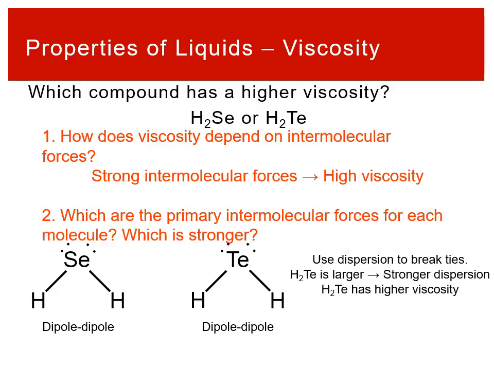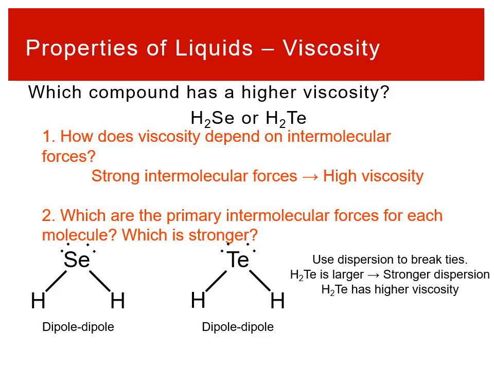Stronger dispersion corresponds to a larger molecule. H2Te is a larger molecule. Tellurium is a much larger atom with more electrons than selenium, right? More electrons gives you more opportunities for those dipole fluctuations. And so since it has stronger dispersion, it has stronger intermolecular forces, and H2Te has a higher viscosity.